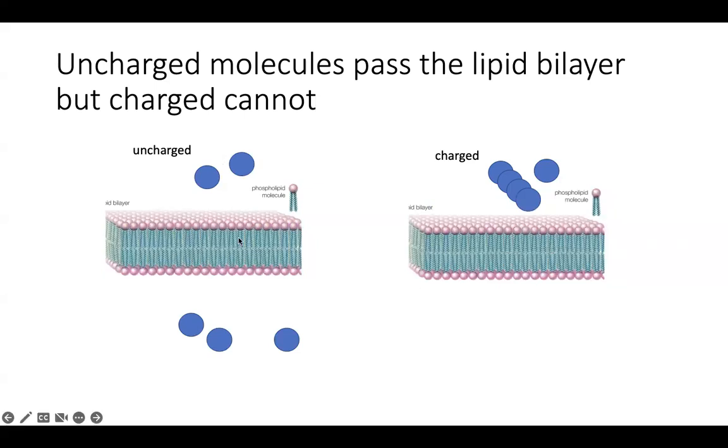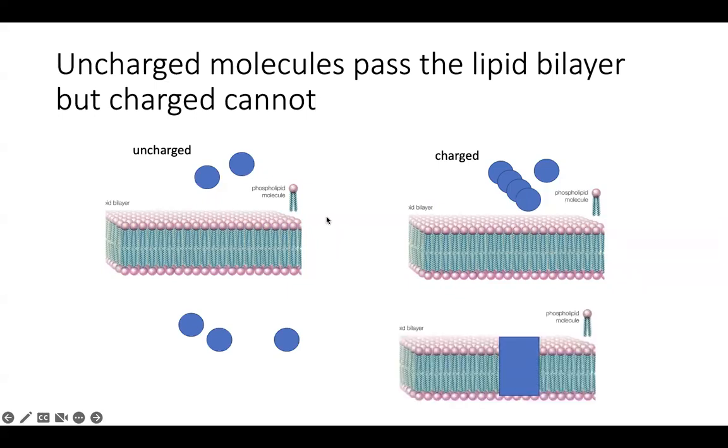Okay, but before moving to that, what the scientists did was, when they have the lipid bilayer, the charged molecules couldn't pass. But if they introduce a protein on this lipid bilayer, which allows the charged molecules to pass, then we start to see the molecules can pass even though they are charged. Yes, and this again was a passive transport.